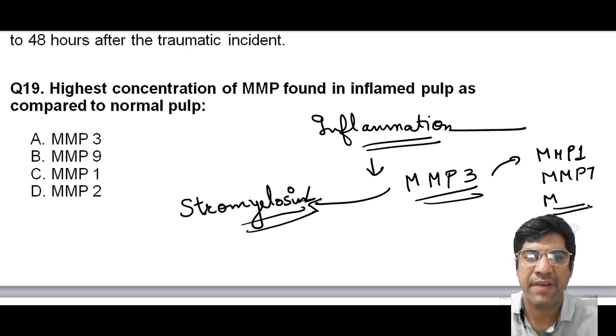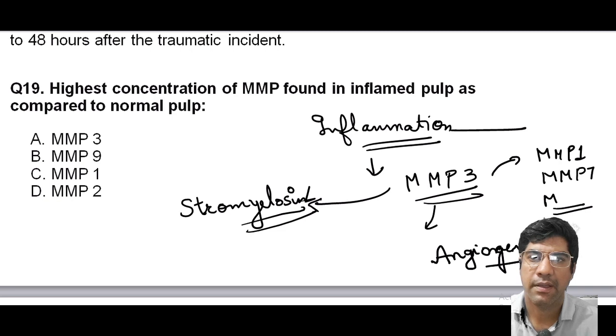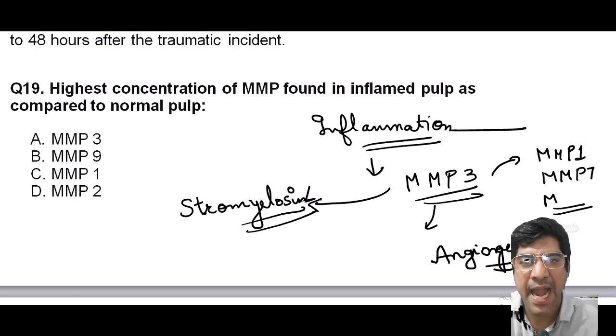When produced in pulpitis, MMP3 is associated with angiogenesis. That means there would be formation of new blood vessels. There will be fibroblast-mediated wound healing and reparative dentin formation.